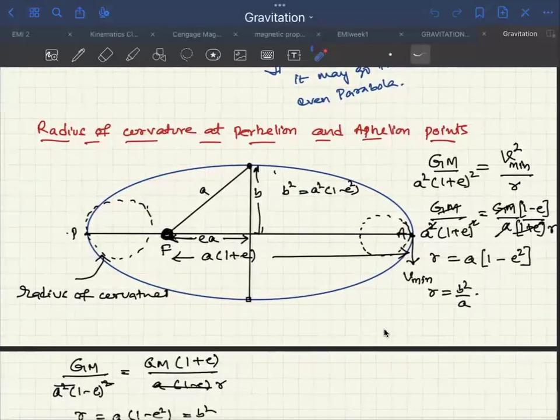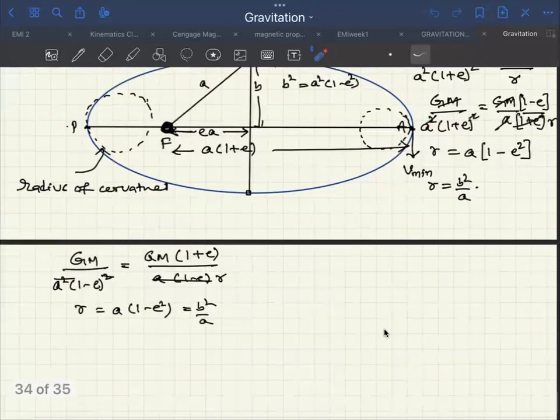So therefore, I got R, after all this calculation, as A into 1 minus E square. But don't forget, this is B, this is EA, and this is A. So B square is A square times 1 minus E square. So 1 minus E square can be written as B square by A square, and overall it is B square by A. Please remember, at this point, the radius of curvature is B square by A, minimum.